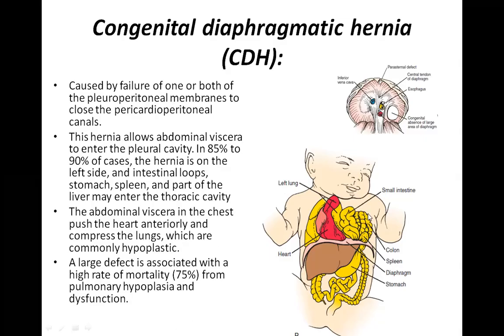So generally, Bochdalek's hernia is on the left side, and the intestinal loops, stomach, spleen, and part of the liver may enter the thoracic cavity. The abdominal viscera in the chest will push the heart anteriorly and compress the lungs, which will become hypoplastic, meaning the lung will not fully develop. Why? Because the abdominal viscera herniated into the chest. If the defect is large, mortality will be higher because of pulmonary hypoplasia, the lungs do not develop, and the baby will suffer from respiratory distress.